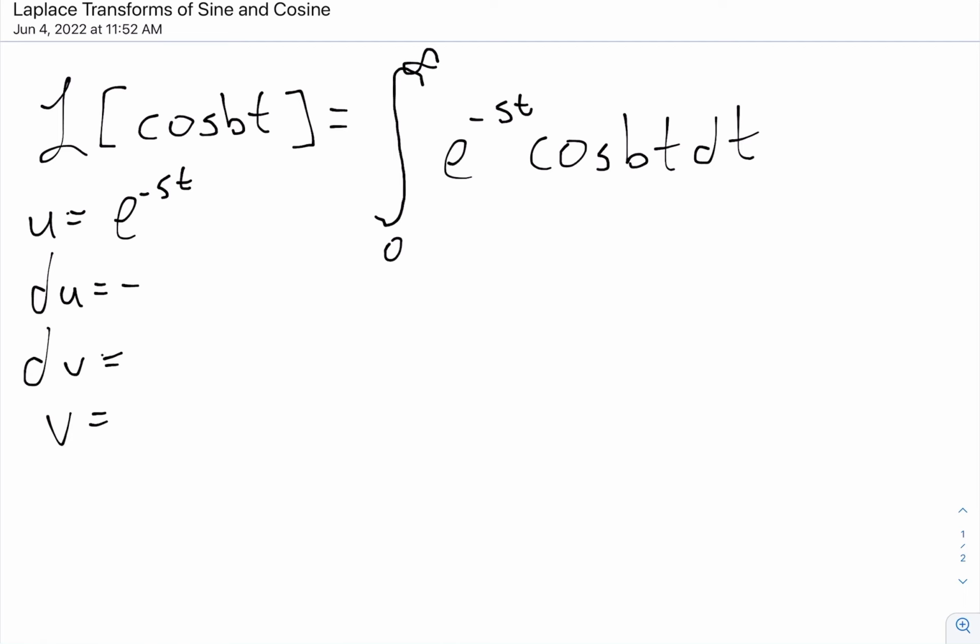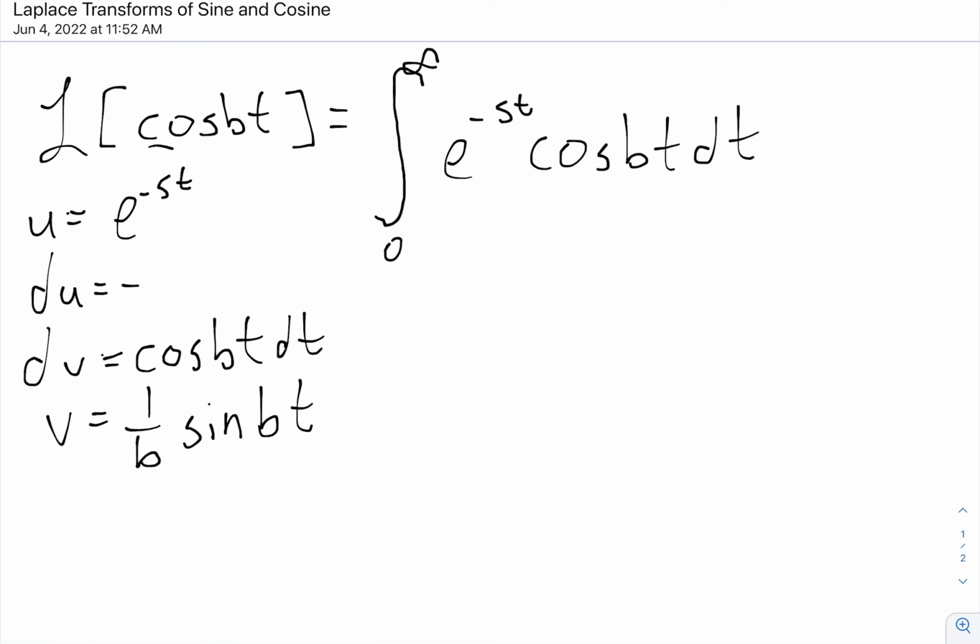So dv is cosine bt dt, and v would be 1 over b sine bt. I'm just making sure this is the right way to set it up.